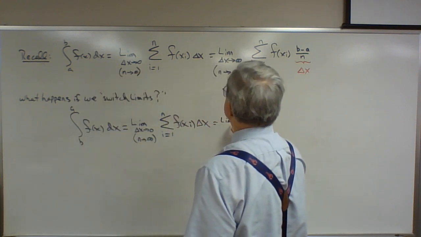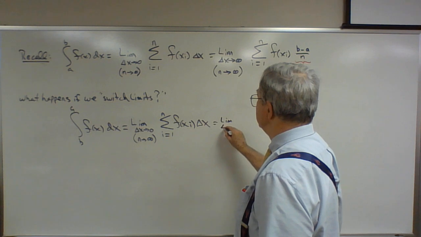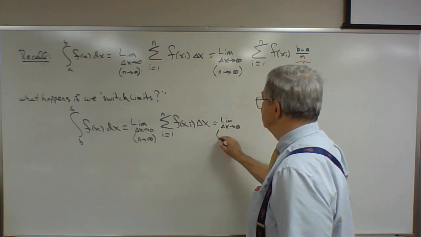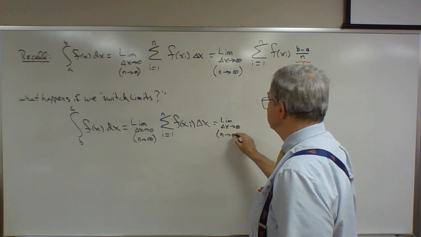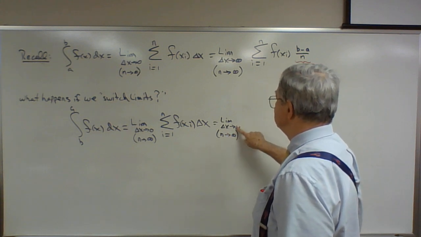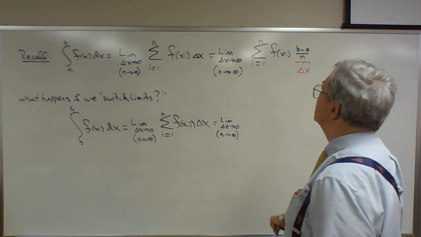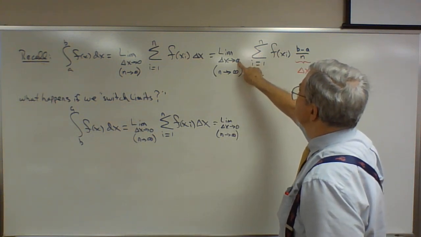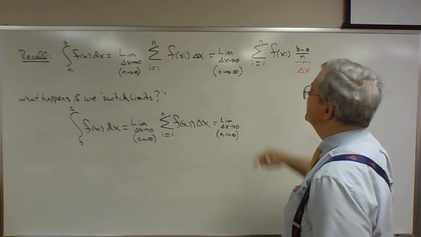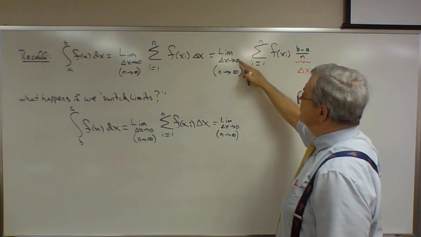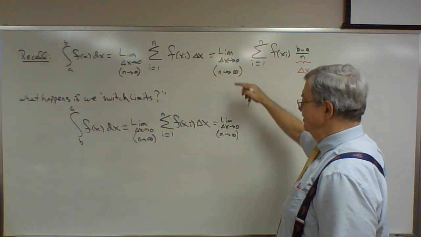And some of you may see what's about to come around the corner here. Delta x goes to 0 here too. My goodness, I'm sabotaging my own proof. Delta x goes to 0, n goes to infinity.